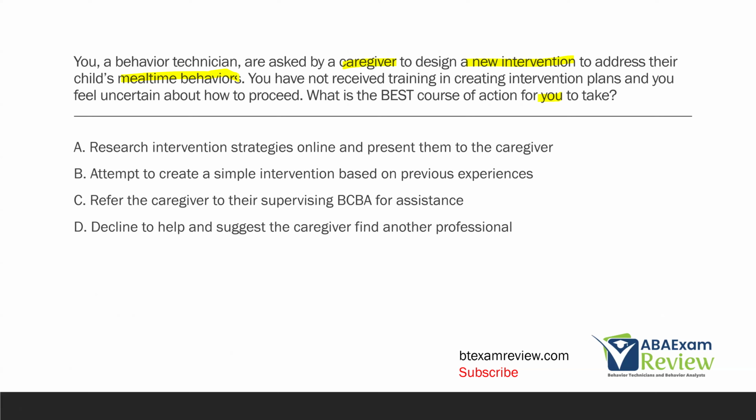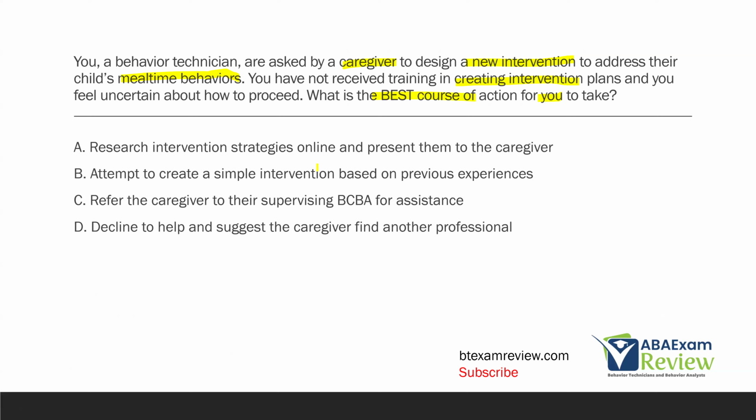Designing new interventions falls under the hands of the behavior analyst. That's what they're trained for. That's what their role is. It's all about what is your role on the team. Additionally, you've never received training in creating interventions and you're just uncertain about what to do. Given all this information, what is the best course of action for you, the technician, to take?